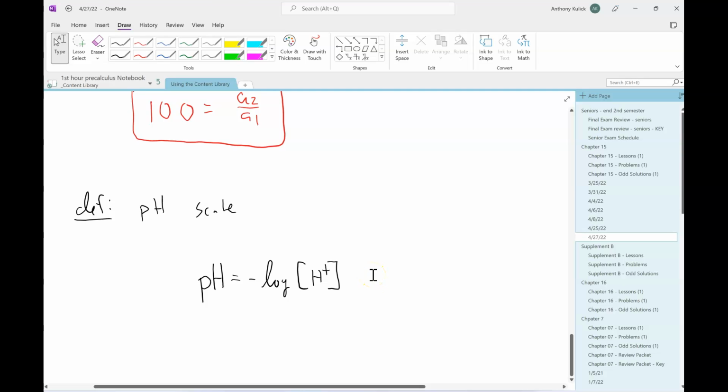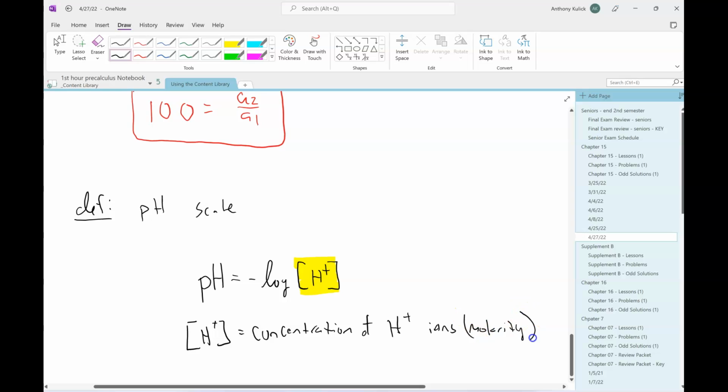And then here, this stands for concentration of H plus ions. And usually that's in, what is it, probably molarity is the way that we measure the concentration here, would be my suspicion.